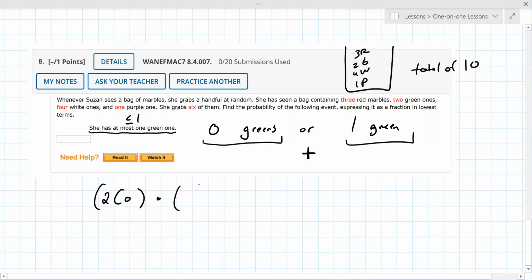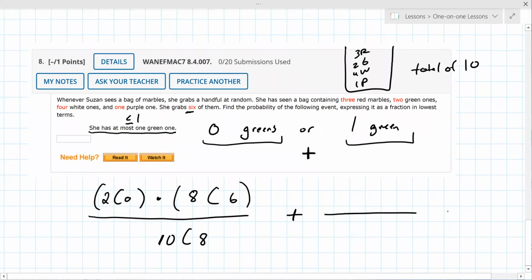Now from all the other ones, there's 8 total, and I'm choosing 6 because it says grab 6 of them. So that's the 8 non-greens. I'm choosing 6 of them over, there's 10 total, and I'm choosing 8 of them. Plus. So the bottom is the same because you're still choosing 8. This time you want 1 green. So it's 2 choose 1 green times. Now I still have 8, but this time I'm choosing 7 of the 5. Wait.